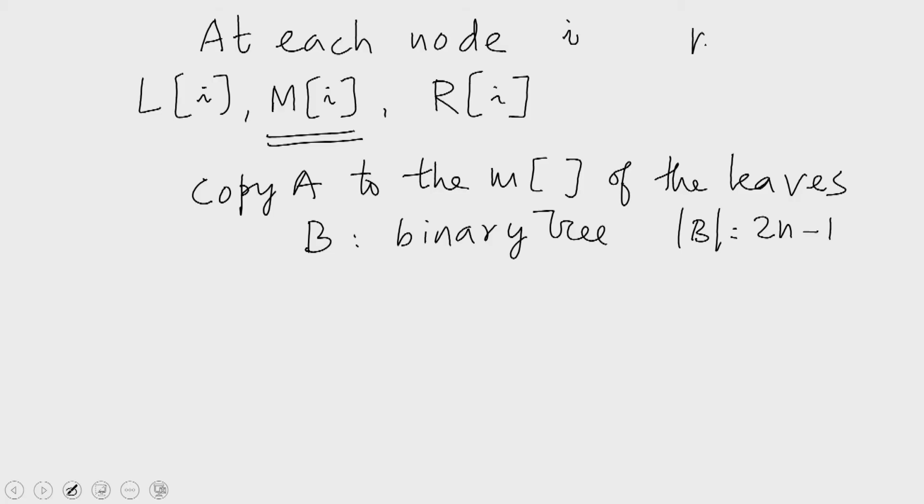Here again we assume that n is a power of 2 for simplicity. If n is not a power of 2, you can always pad n up to the nearest power of 2. So, we have copied A into the m values of the leaves, and then as in the previous algorithm, we have a bottom to top phase.